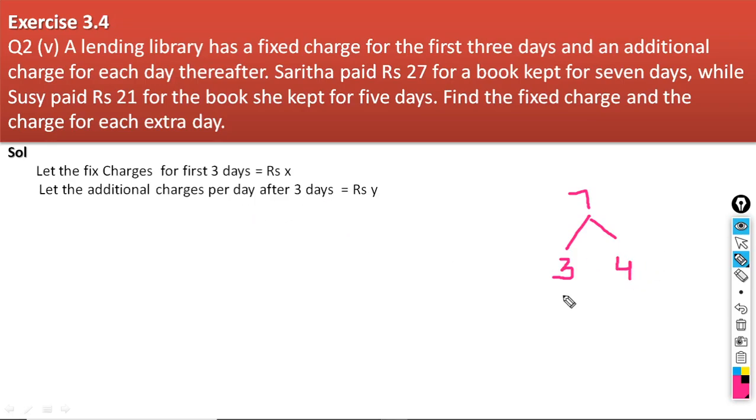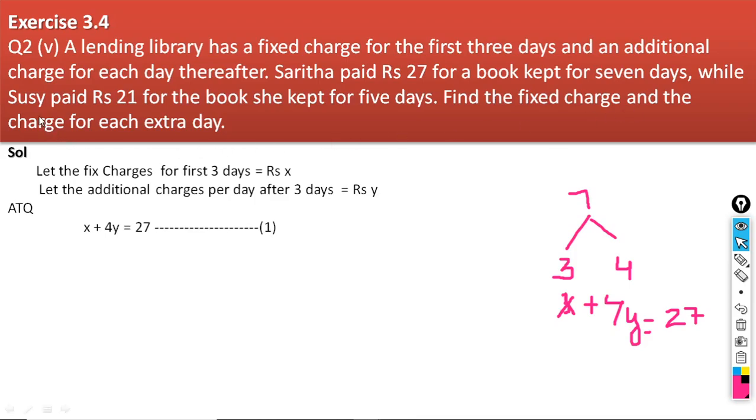So what is the situation we get here? For 3 days the fixed charge is x. Now 4 days are left. For 4 days it is 4 times y, and the sum total is 27. So this is the first equation you will get in this case: x plus 4y equals 27.